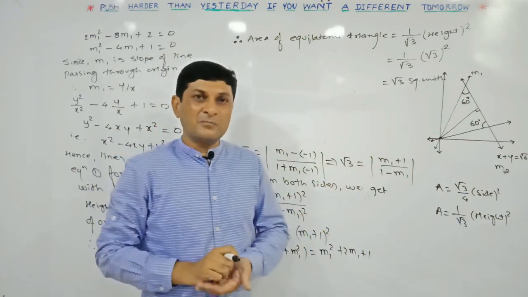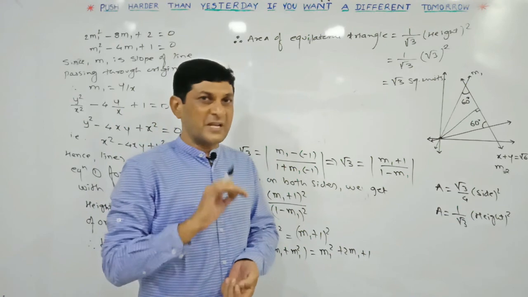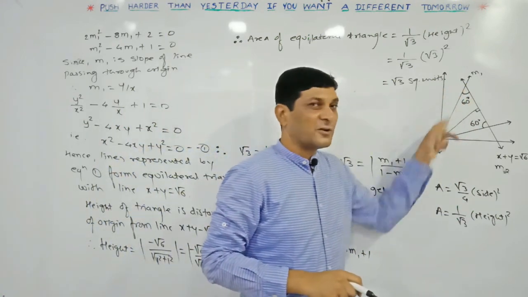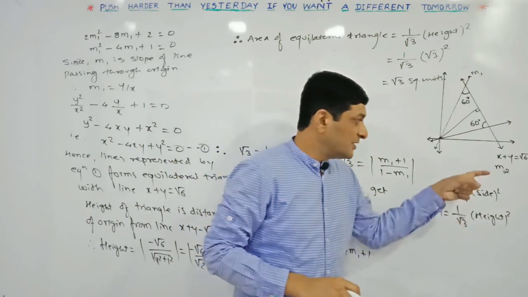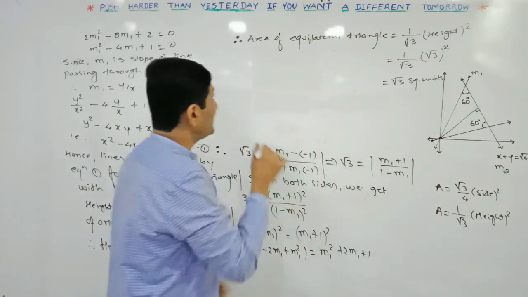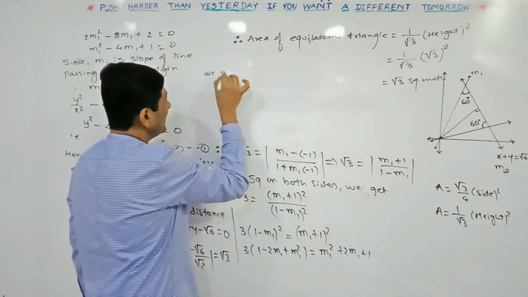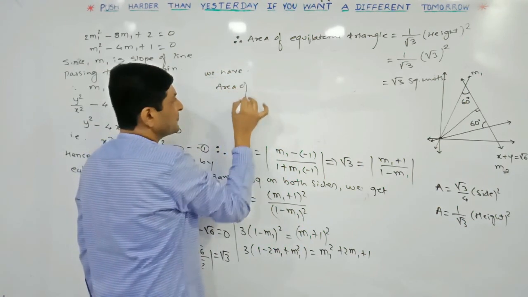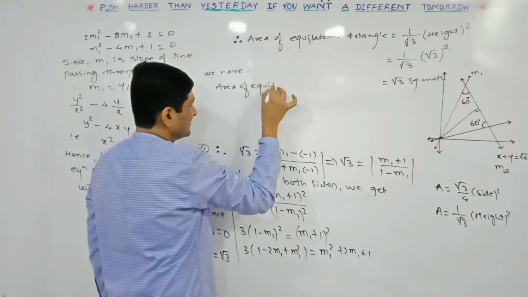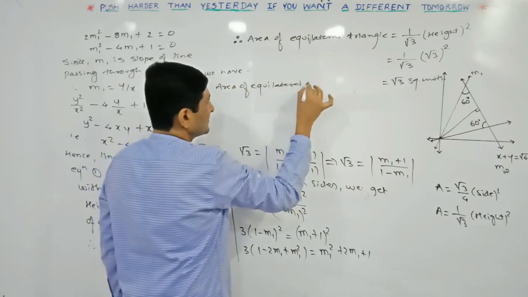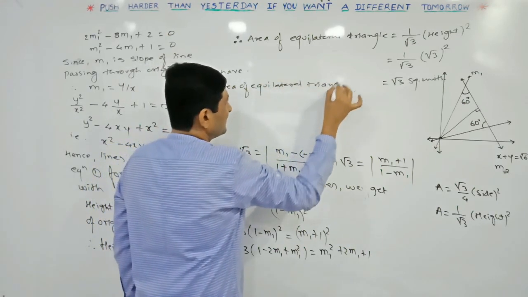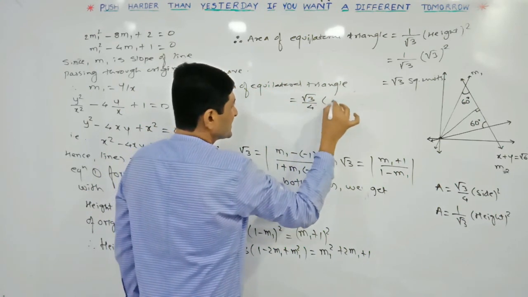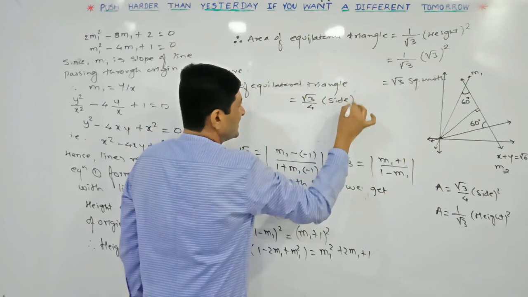Now second part of this example is what? Find out the perimeter. Perimeter means what? Sum of 3 sides. So let us try to find out side of this equilateral triangle using this formula. So we have one formula that area of equilateral triangle is equal to root 3 by 4 side square.